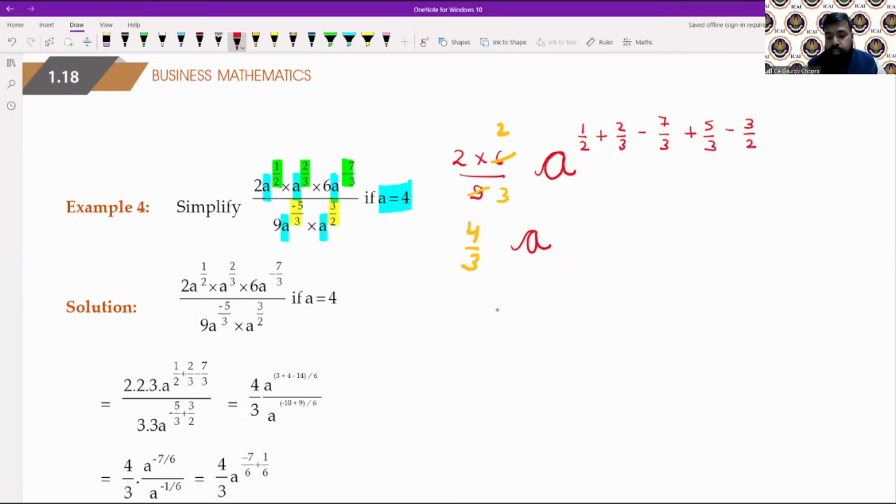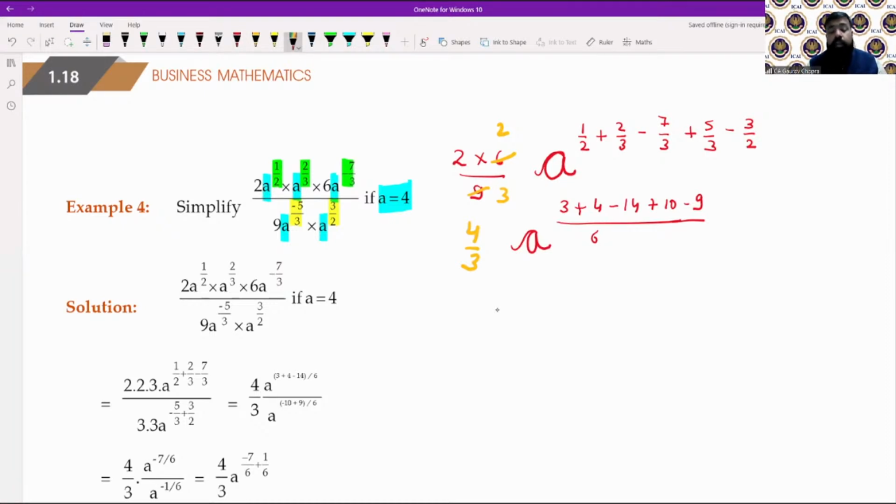So LCM will be 6. 6 by 2 is 3 plus 6 by 3 is 2. 2 multiplied by 2 is 4. And then it will be 14. Then 10. And then comes minus 9. So let us simplify them and let's see what comes.